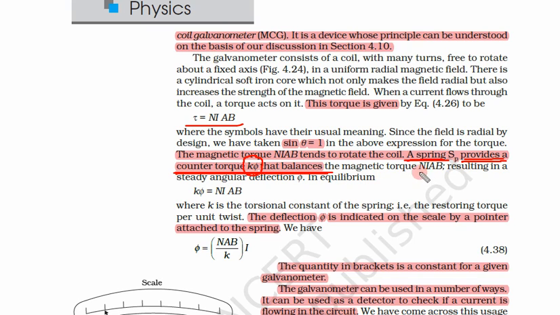Now, the magnetic torque is N I A B. Both these torques must be balanced.